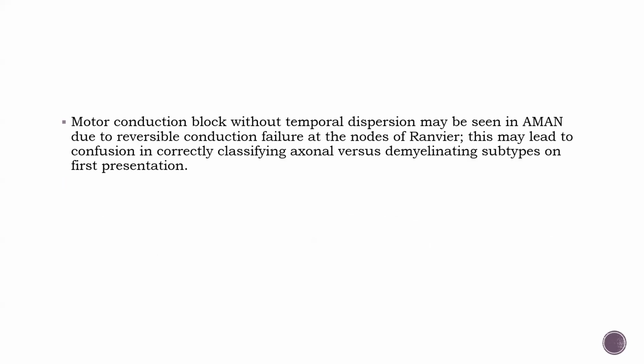Motor conduction block without temporal dispersion may be seen in AMAN due to reversible conduction failure at nodes of Ranvier, and this may lead to confusion in correctly classifying axonal versus demyelinating subtype on first presentation.